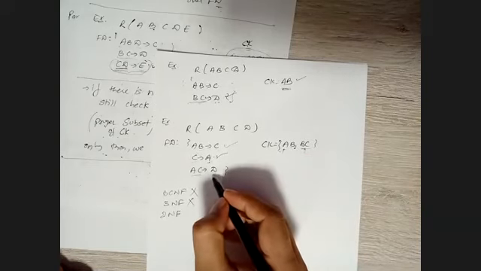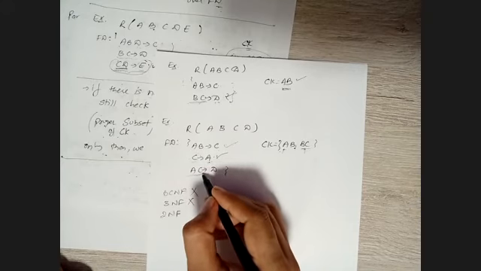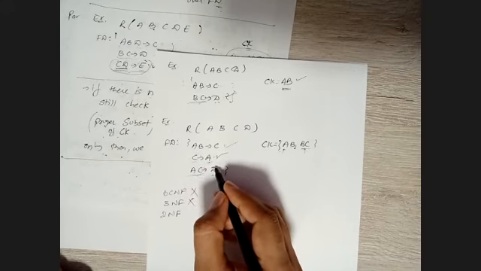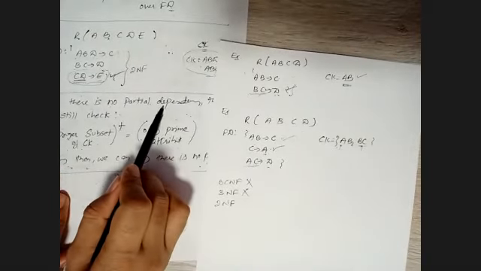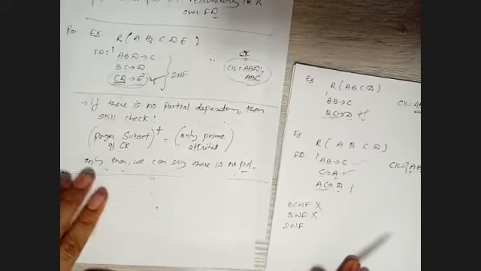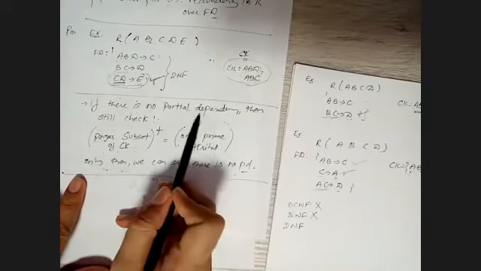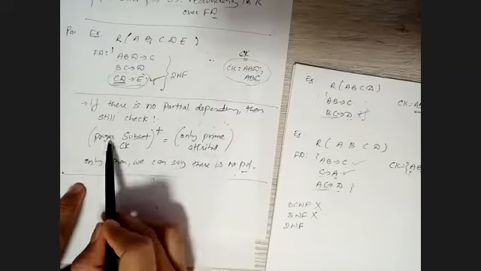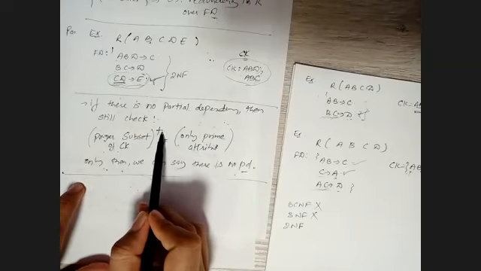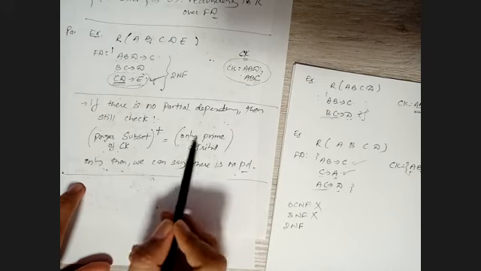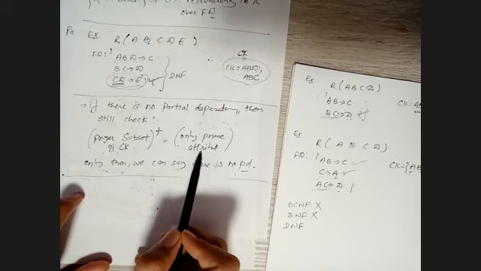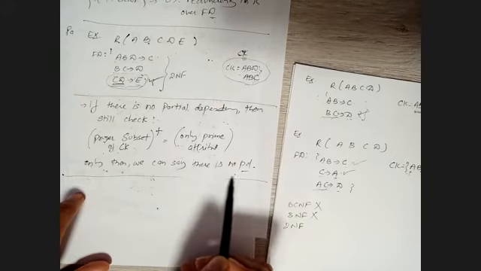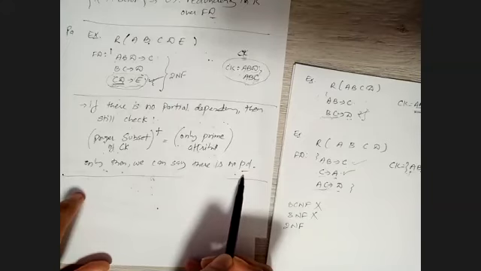Now check this part, D. This condition fails, that's fine, and even this is a non-prime attribute. But what I told you is, if there is no partial dependency, then still check the proper subset of the candidate key. The closure of a proper subset of a candidate key should only give prime attributes. If this is okay, then we say there is no partial dependency.